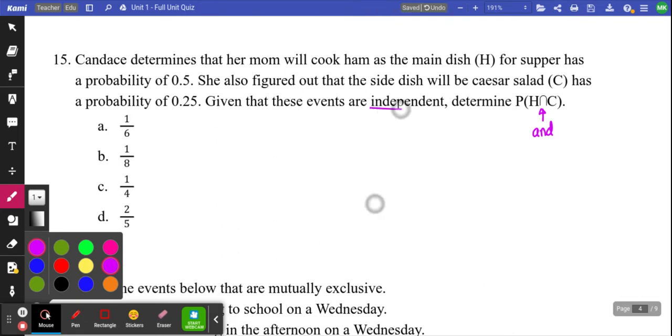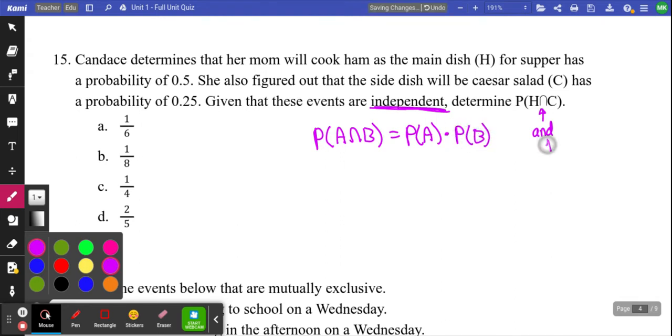They told you they're independent, which means you actually could look up a formula if you wanted. This is our independent formula: the probability of A and B is the probability of A times the probability of B. But I really just remember that and means multiply.